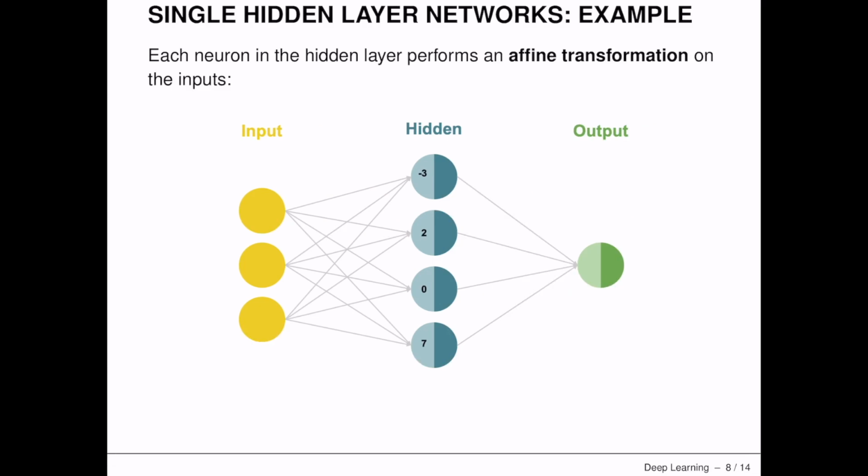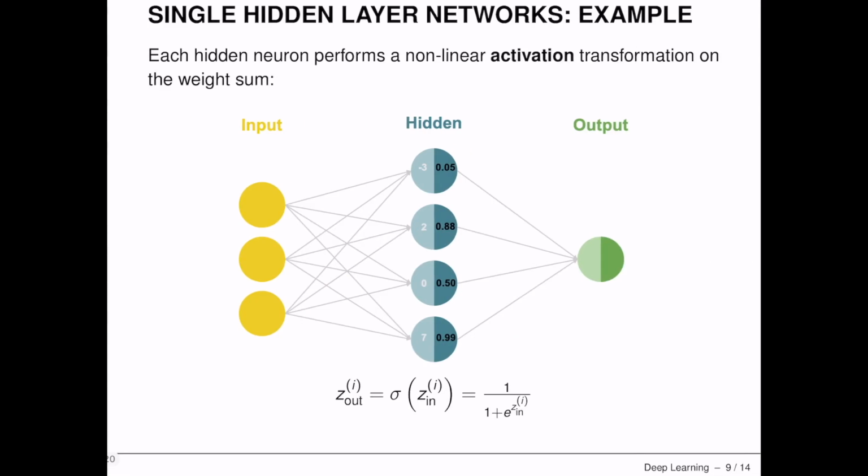So we got the inputs of all the hidden neurons: -3, 2, 0, and 7. And then we apply the activation function, which in this example is the sigmoid, to these values. This gives us the values 0.05, 0.88, 0.50, and 0.99.